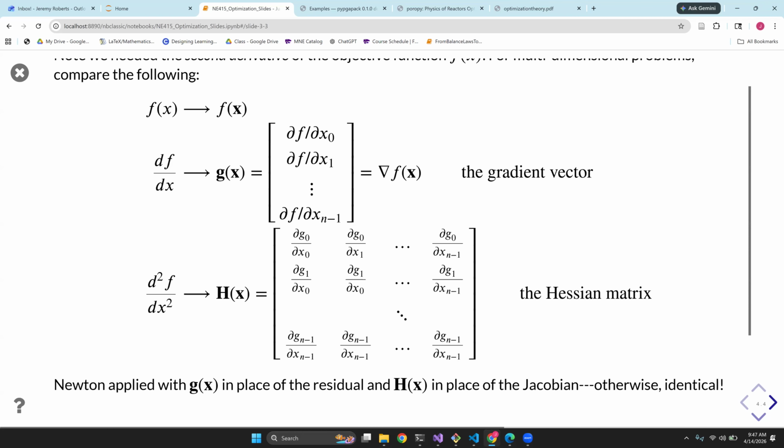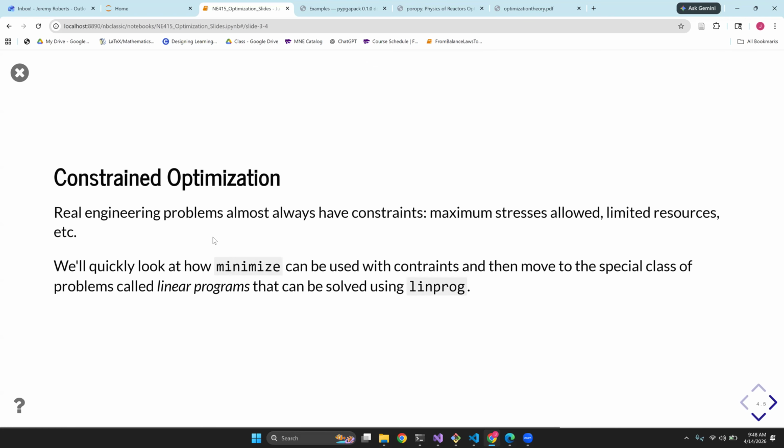So the gradient and the Hessian take the place of the residual function and the Jacobian in the nonlinear equation. We could call this a residual function, or the thing for which we want to find the roots, and we could call this a Jacobian. It just depends on what our frame preferences are, whether we're starting from an objective function, a scalar function, or not. Otherwise, the math is the same.